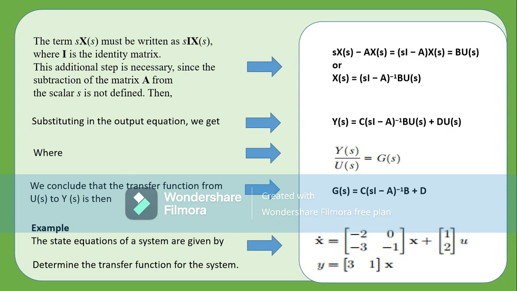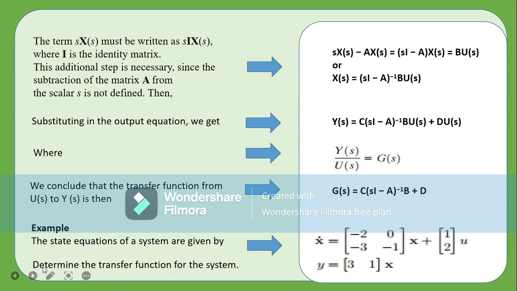And when you have the characteristic equation of the system, you'll be able to determine the stability of the system, because from the characteristic equation you can calculate the eigenvalues of the system, and from your eigenvalues you can determine if your system is stable or not, or study what kind of stability we have in that system. So let's look at an example. We have the state equations of a system given by this, that.